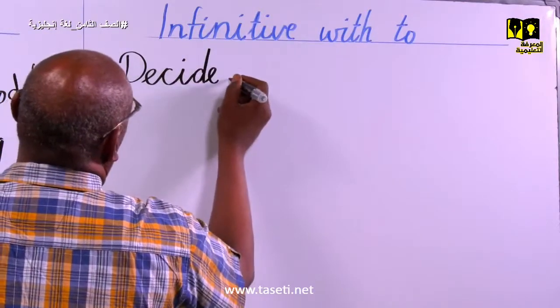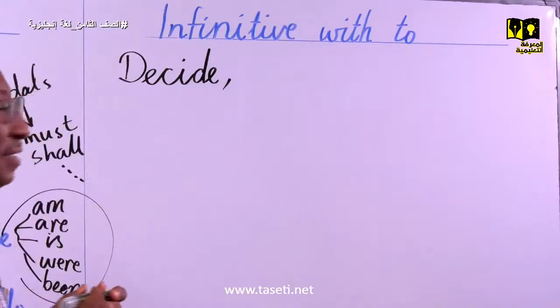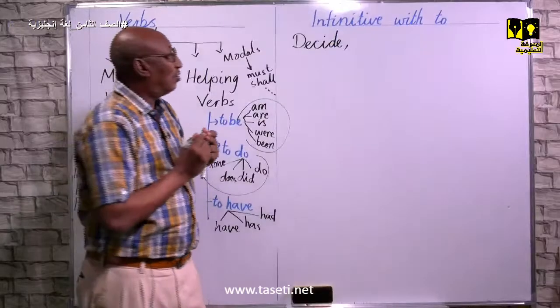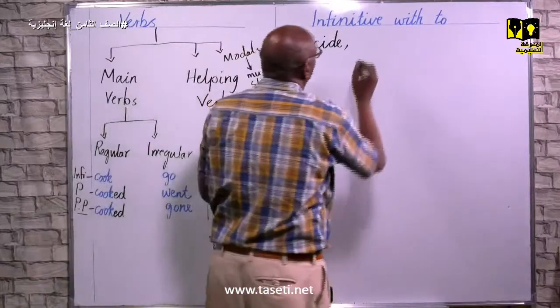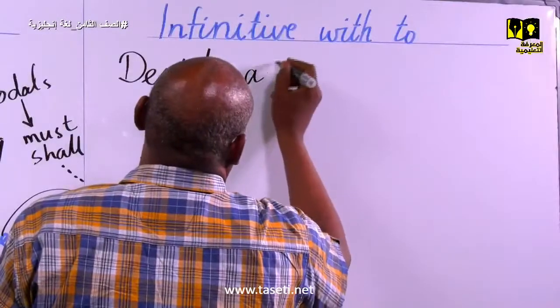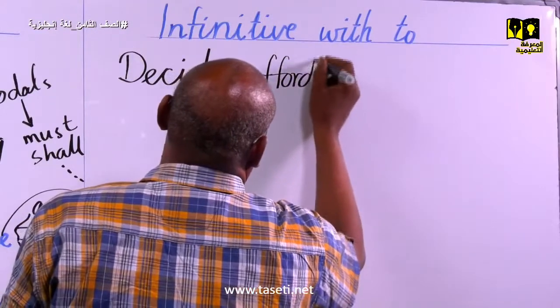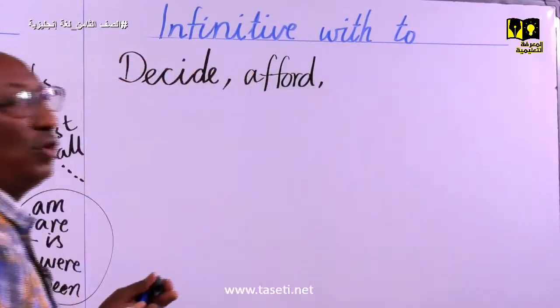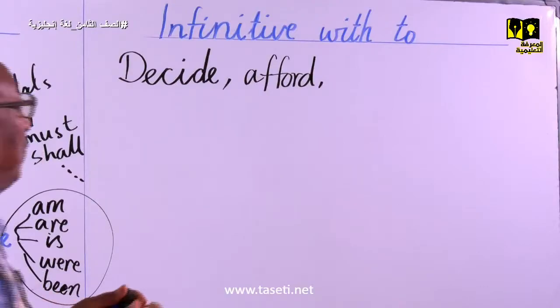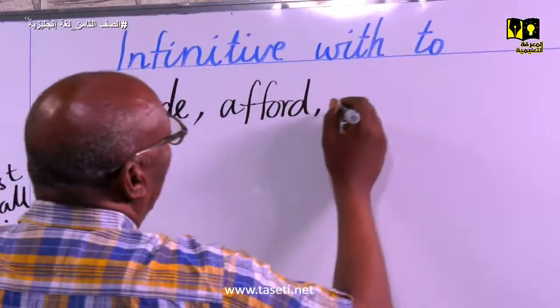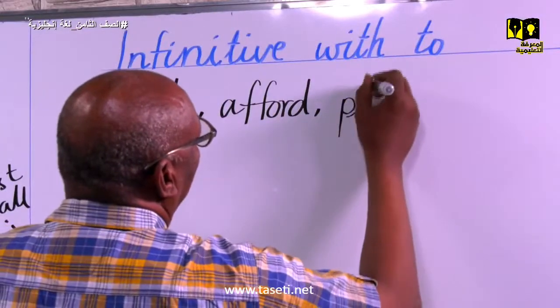The verb decide, one of the verbs followed by the infinitive with to, and also we have afford. Also one of the verbs followed by the infinitive with to, and also you have plan.